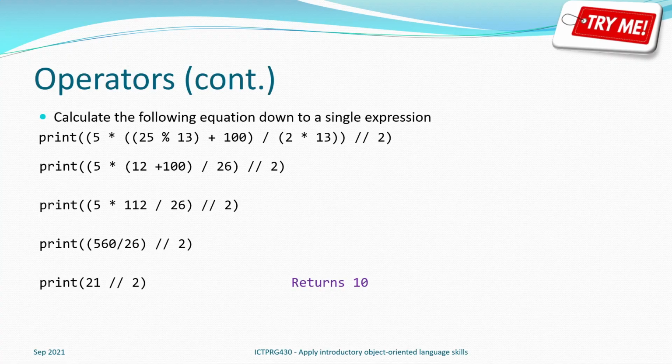But what you do need to know is how the equation is calculated, so that if you're not getting the results that you would expect, you can look at a complex equation, break it down into the steps to work out what it's doing. Why is it important? It helps you troubleshoot your code if you understand the step-by-step process that it goes through.